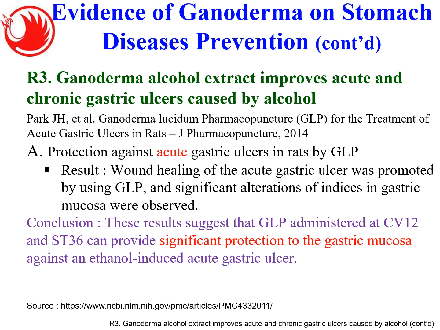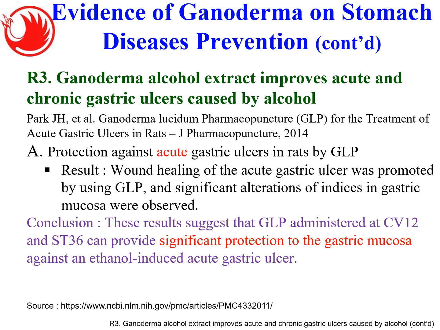They are also using the mouse model, testing on simulated injury mice. The result came back that the wound healing of the acute gastric ulcer was promoted by using GLP, which means the Ganoderma, and significant improvement in gastric mucosa was observed.